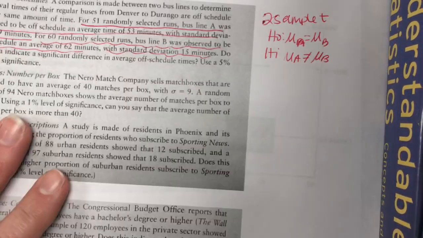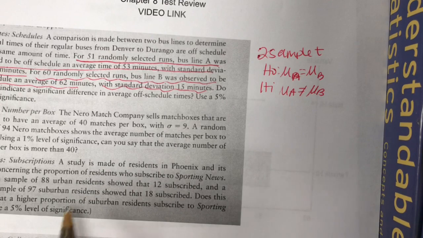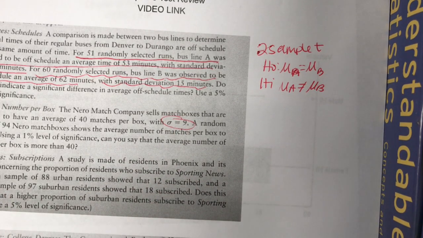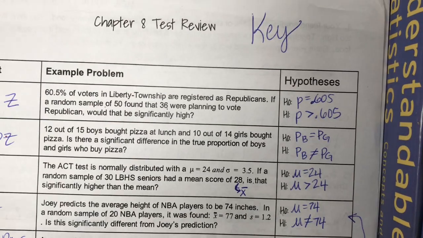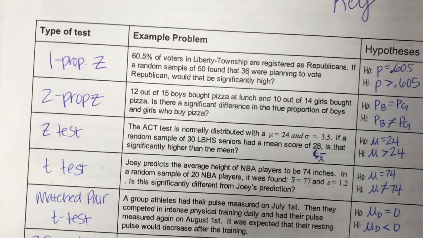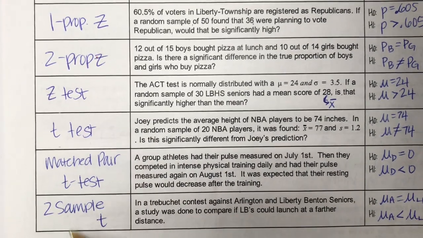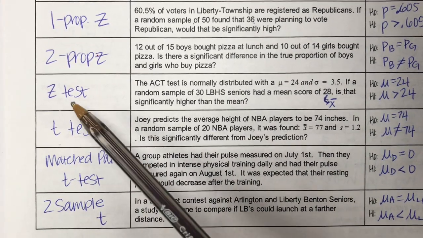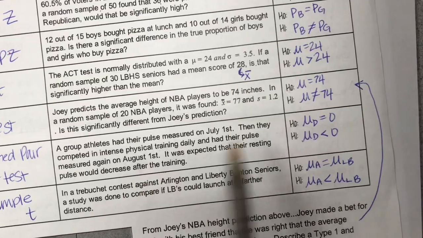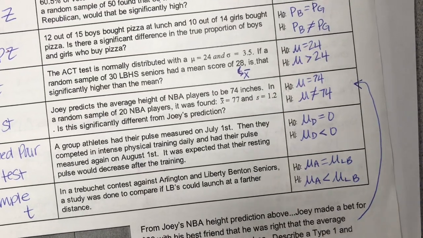Okay, here we go. All right, so since the true standard deviation is given and we only have one set of data, think through what we have going on here. Again, this is not a proportion. We're dealing with averages. So if you're dealing with averages, you're down here. We just have one group of information and the true standard deviation is given. So z-test, you can look at this to help you write your hypothesis as well.